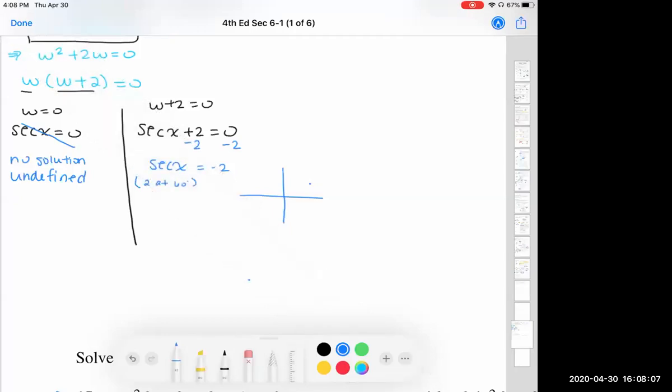I know it's positive where, well, all students take calculus: positive at all and at cosine. So negative would be quadrant 2 and quadrant 3. So the 60 mark in quadrant 2 is 120 degrees, and the 60 mark in quadrant 3 is at 240 degrees.